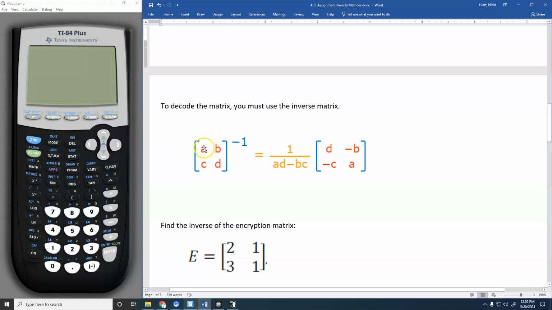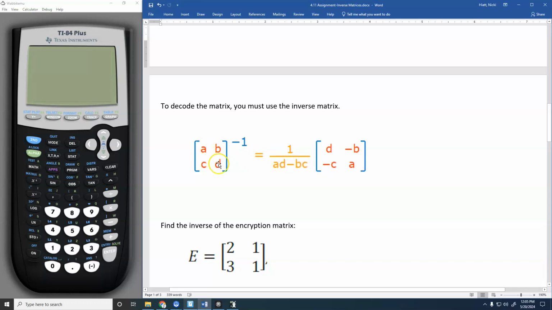So if I have the matrix A, B, C, D, to find the inverse matrix, and they're using the superscript -1 to indicate that that's the inverse matrix, I will do 1 over A times D minus B times C. And I believe that's called the determinant of the matrix, but I'd have to go back to some linear algebra to remember for sure on that.